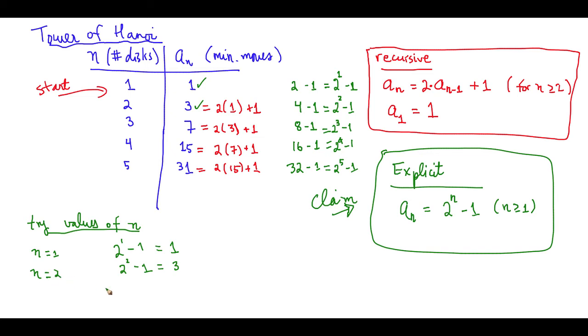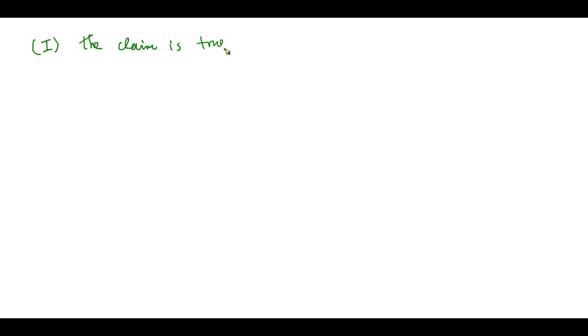So this is how we're going to approach it. We are going to say a couple of things. That the claim, we're going to do this in two parts. In part one, we're going to say that the claim is true for n equals 1.